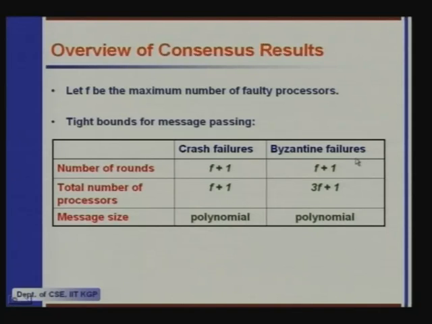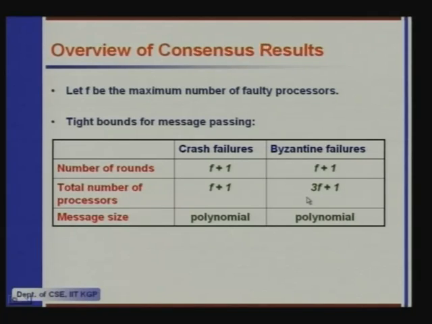Now, for Byzantine failures, where we have f faulty processes, the lower bound on the number of rounds is f plus 1, but the total number of processors that has to be there so that you can reach consensus in the presence of Byzantine faults is 3f plus 1.